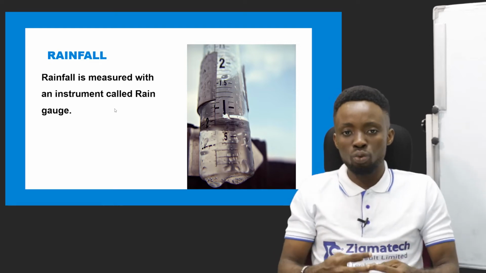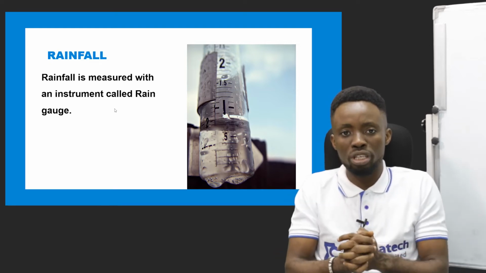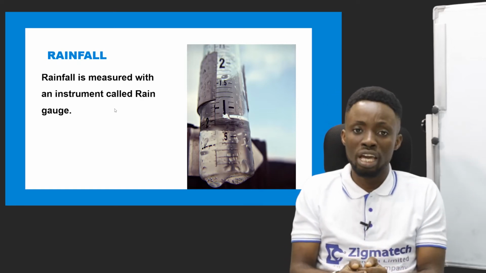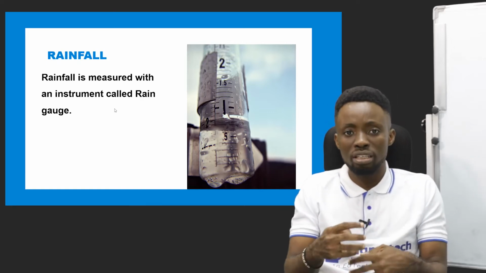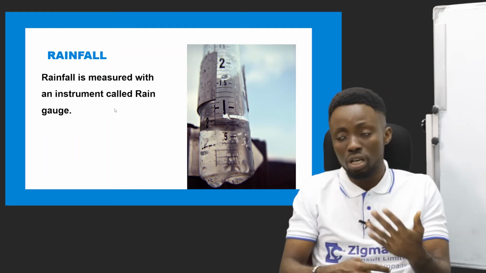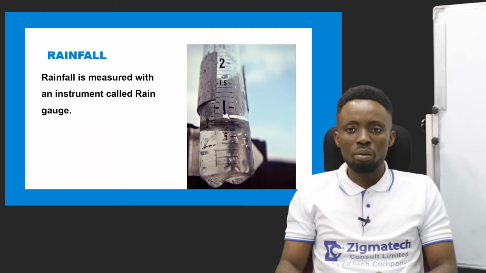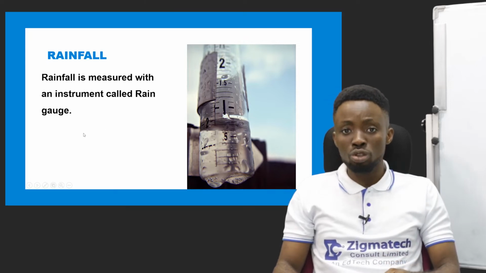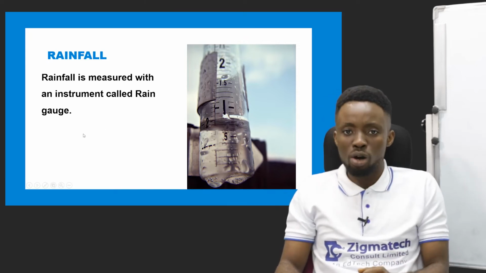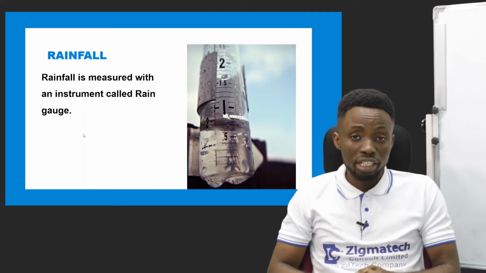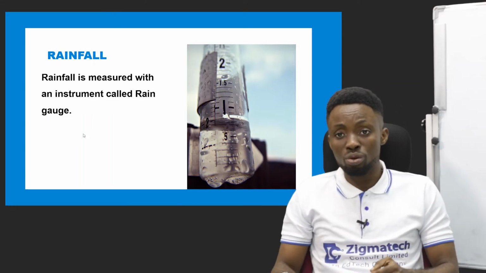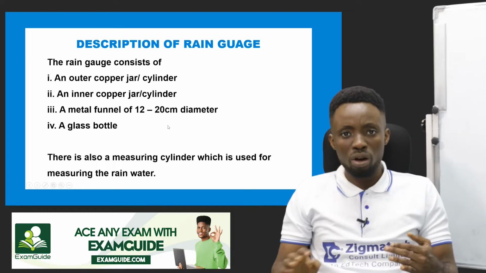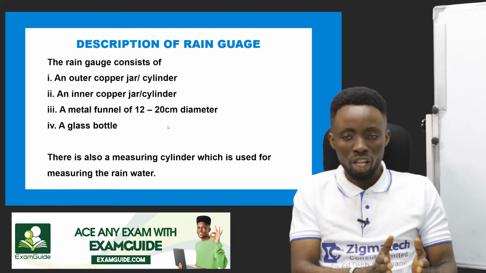When the cloud is not able to hold this vapor or condensed droplets for a long time, it finally falls down as rain. And we make use of an instrument called a rain gauge to measure the amount of rainfall. So let's look at how a rain gauge looks.